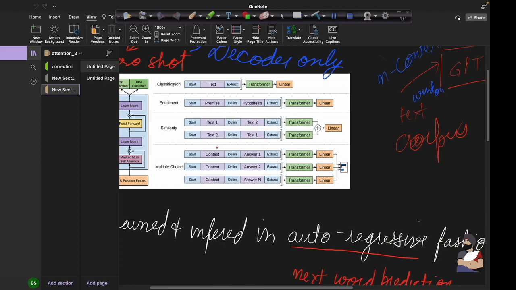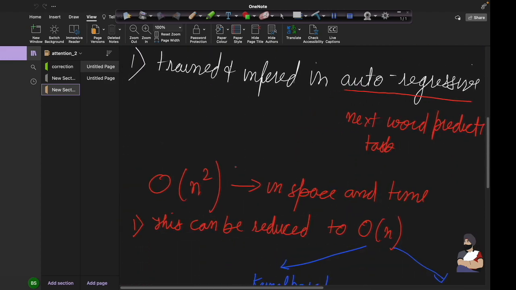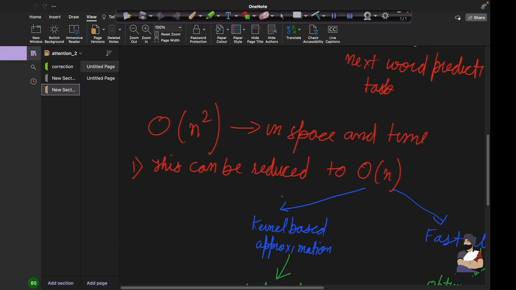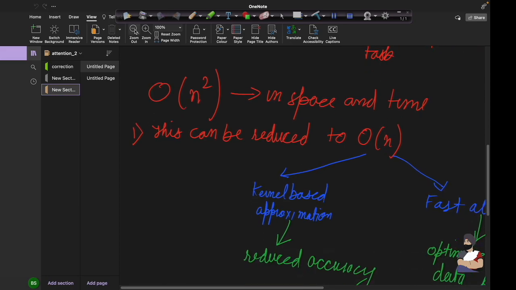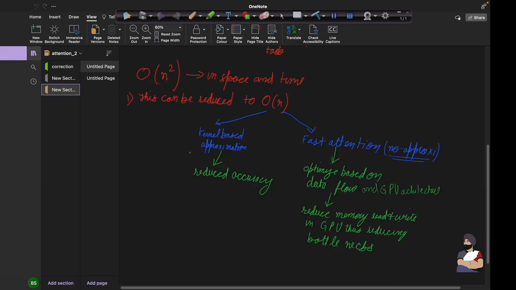The task of the model is to predict the next token, and the time complexity is quadratic in nature in both space and time, and this can be reduced to order of n. Basically there is one method, kernel based approximation.